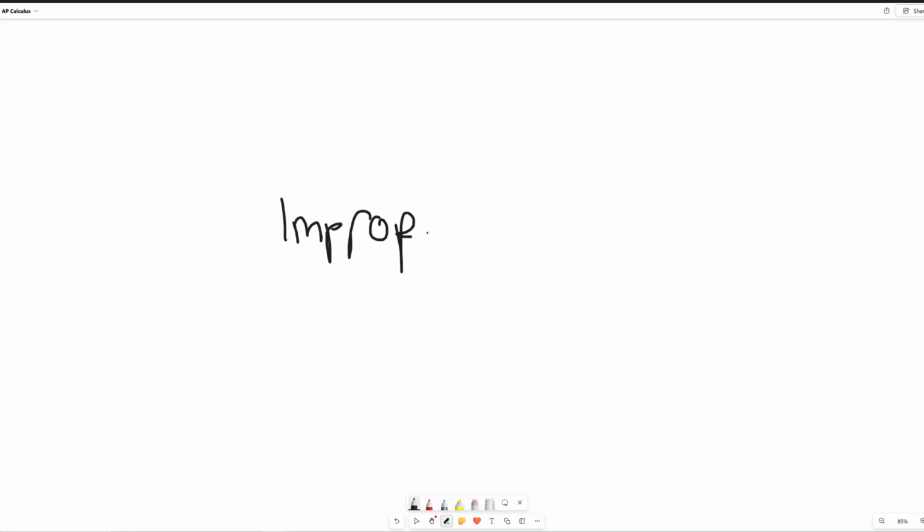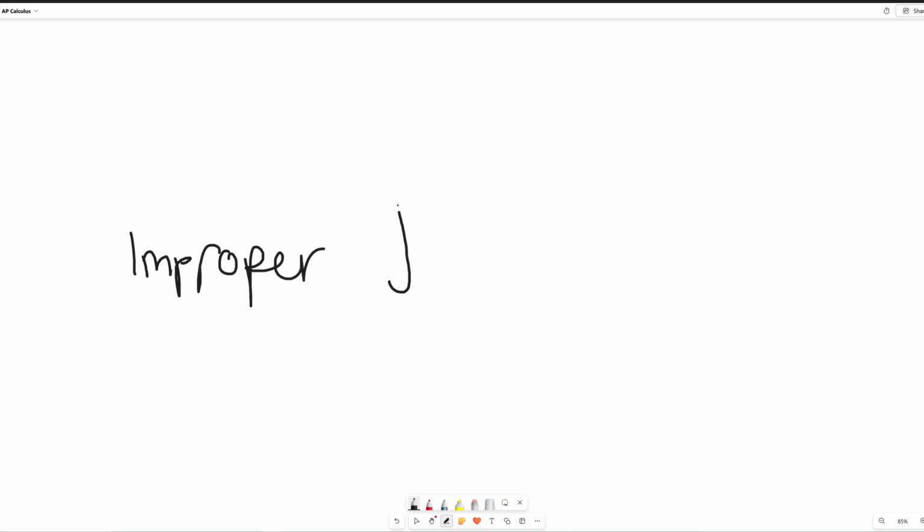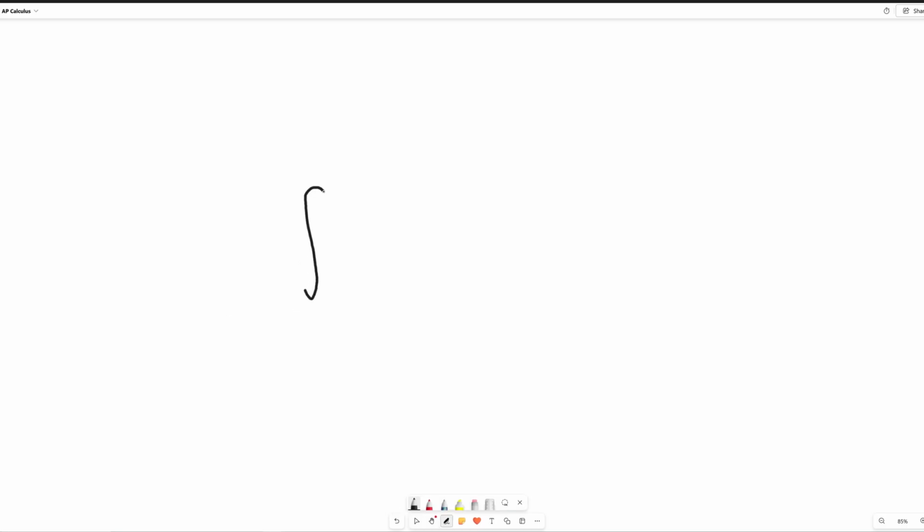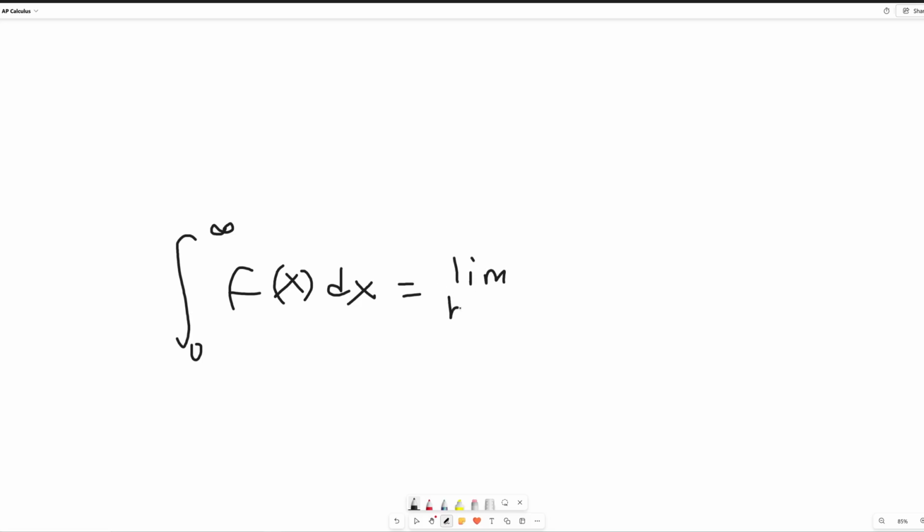So what makes them improper? Well, very discriminatorily, if it has an infinity in it, it is considered improper. So, on an FRQ, if you have the integral from, let's say, 0 to infinity of a function, every single time you write this out while you are solving it, you will have to put limit as b approaches infinity from 0 to b of f of x dx.